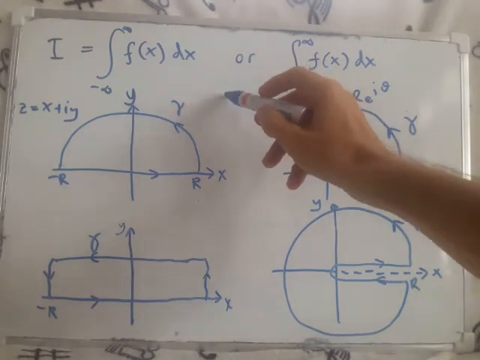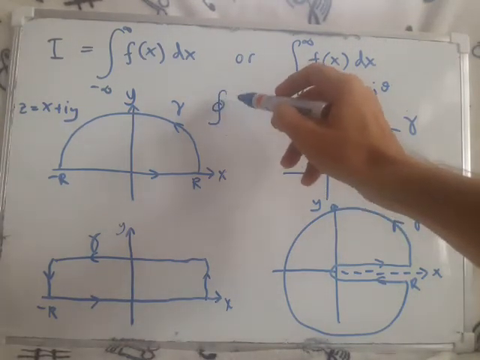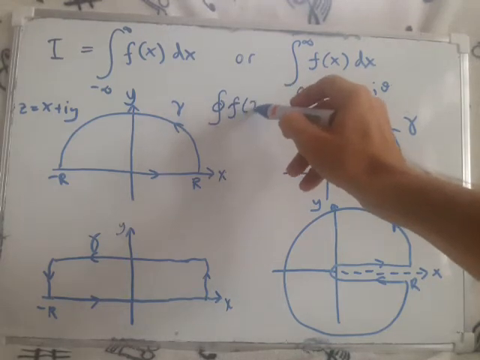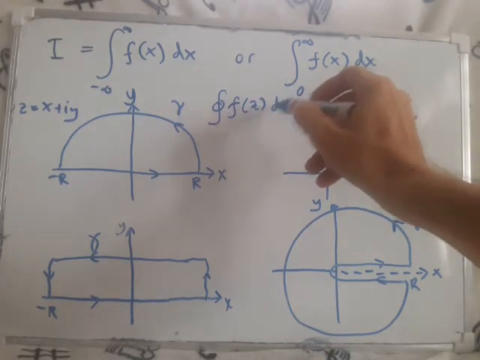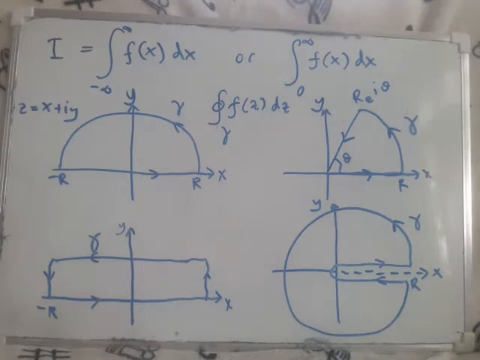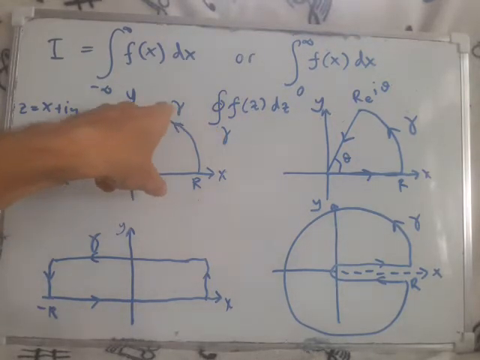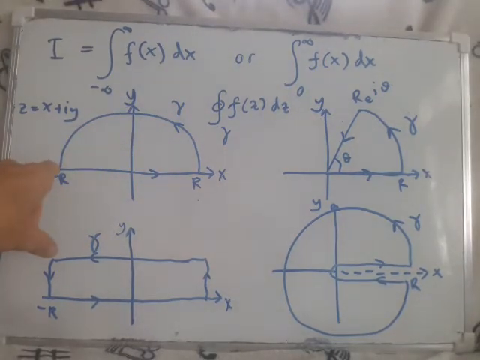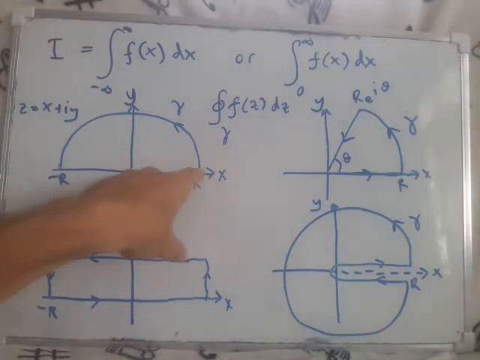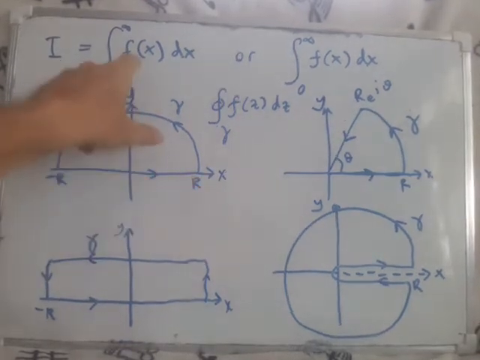And what we do each time, most of the time, is consider an integral of f of z dz around a closed loop gamma. And the idea is that we choose the shape of this contour gamma so that one of the sides, part of gamma, is the integral we want.